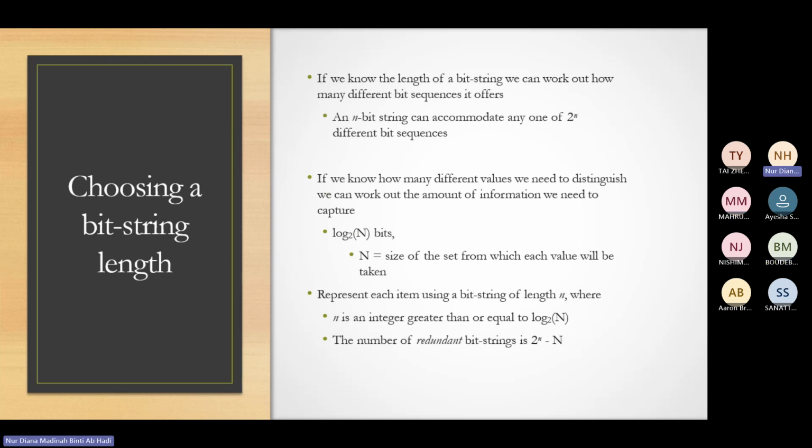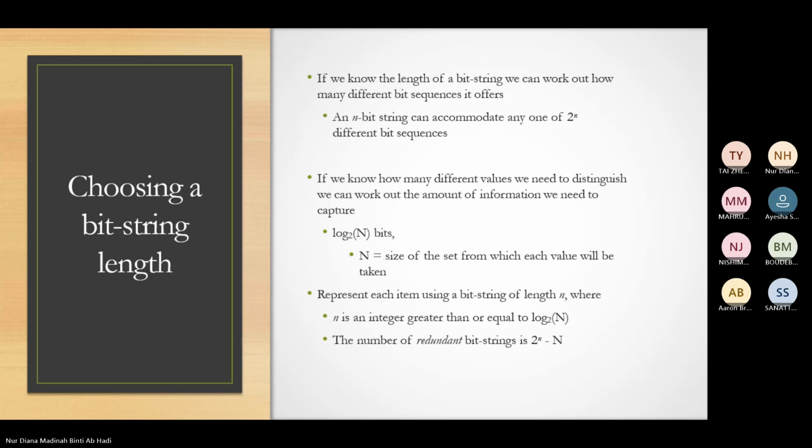Okay, so choosing the bit string length: if we know the length of a bit string, we can work out how many different bit strings it offers. Usually an n-bit string can accommodate 2 to the power of n values. If we know how many different values we need to distinguish, we can work out the amount of information we need to capture using log base 2 of N bits, where N is the size of your set.